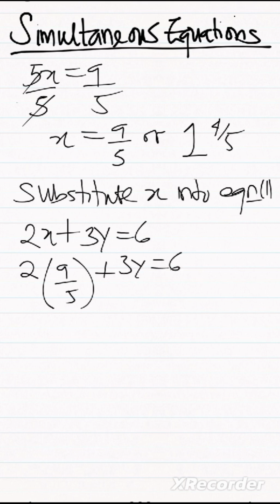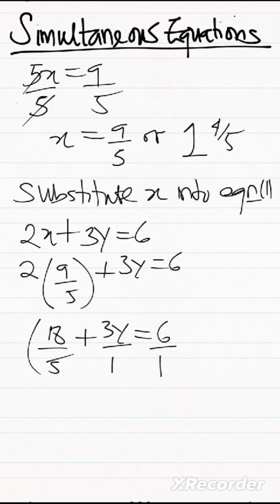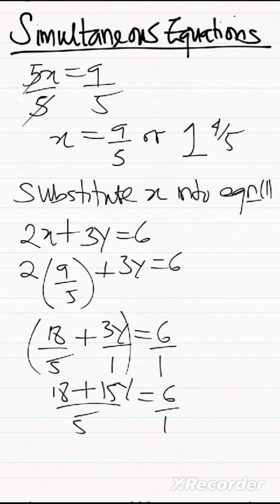By the time we multiply through, we'll have 2 times 9 giving us 18 over 5 plus 3y equals 6. We can still decide to write this as 3y over 1 and 6 over 1. So by the time we add up this left hand side, we'll find out that the LCM is 5. 5 into 5 would give us 1. 1 times 18 would give us 18, plus 1 into 5 would give us 5. 5 times 3y would give us 15y equals 6 over 1.